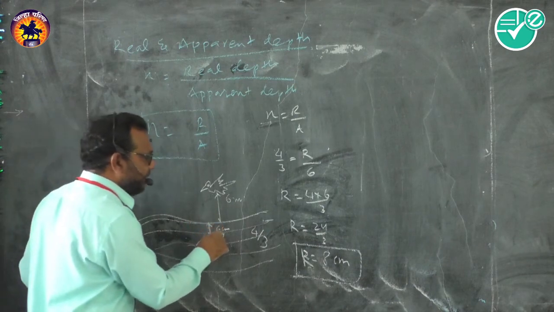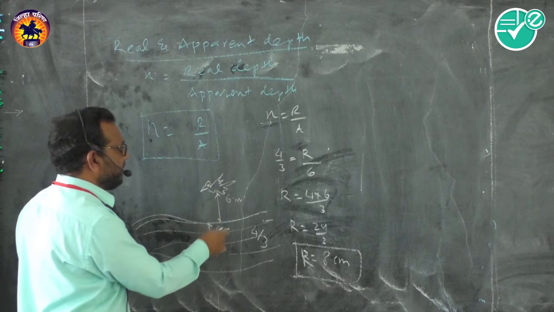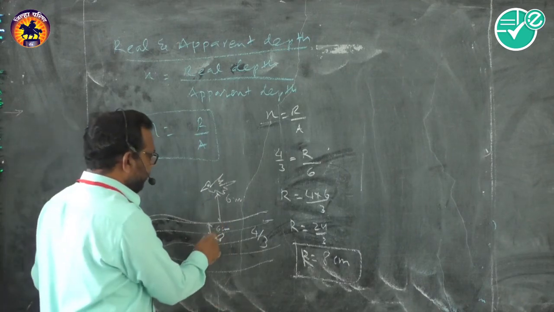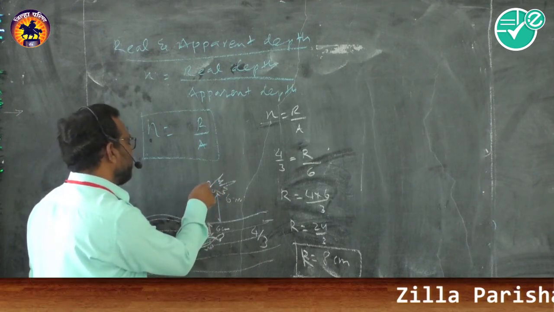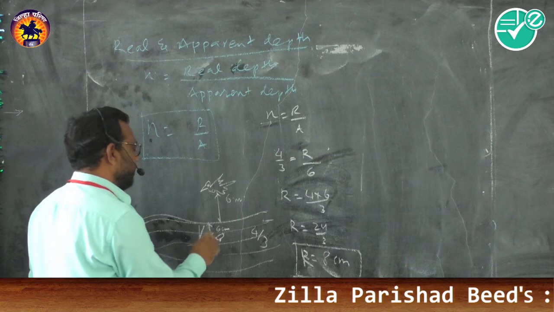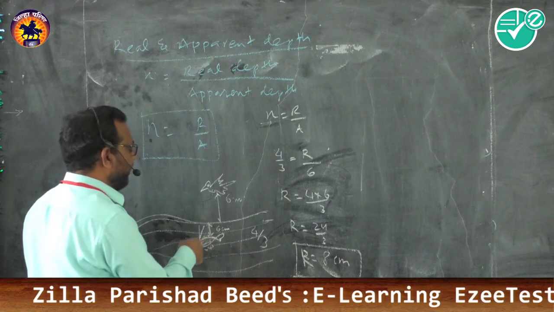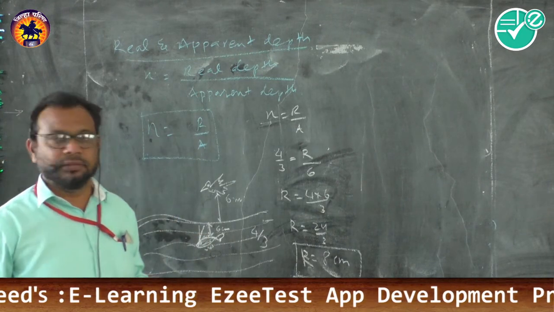So its real depth is 8 centimeters and the apparent depth which is felt by the crane is 6 centimeters. So to pick up this fish, the crane has to insert its beak into the water up to 6 centimeters, and then this crane can pick up that fish.